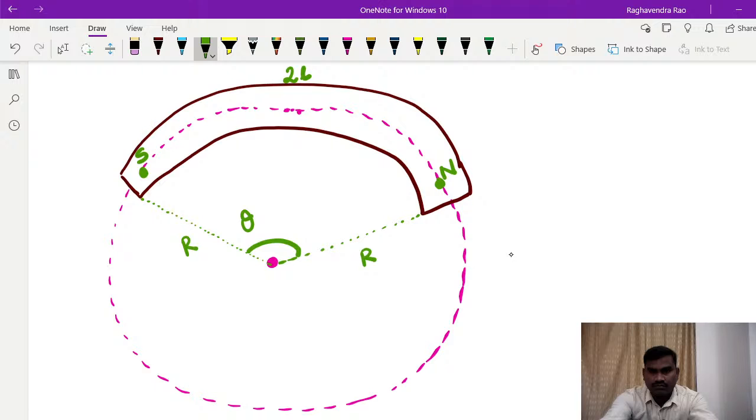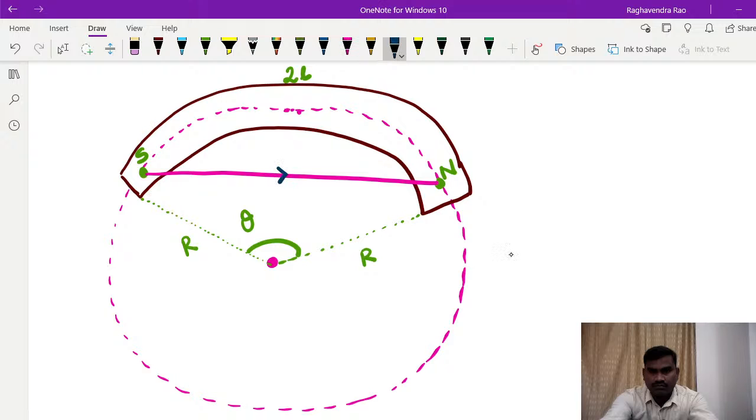But what is the effective or magnetic length? It is always a displacement vector directed from south pole to north pole. That means this is the magnetic length, directed from south to north.